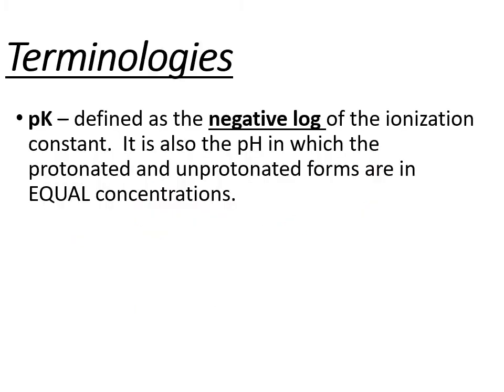Okay, the last of the biochemistry recall is the definition of your pK. pK is simply the negative log of your dissociation constant, or the ionization constant that we discussed earlier.